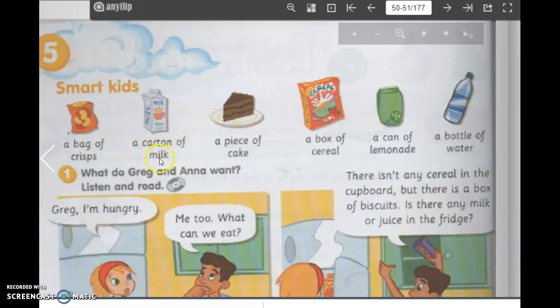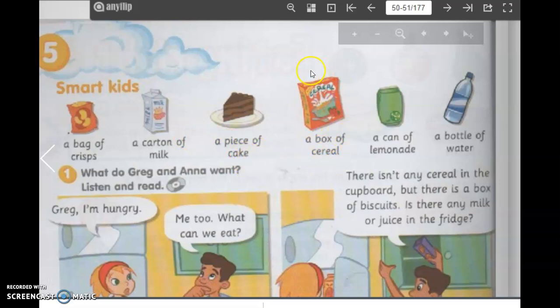A carton of milk. So ini contohnya kalau macam milk ni kita tak boleh nak kira kan. Macam air ni satu botol air, a cup of water, a can ni satu tin. So a can of lemonade, a bottle of water, a box of cereal, a piece of cake.